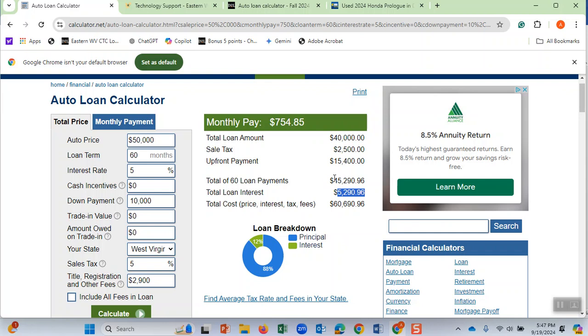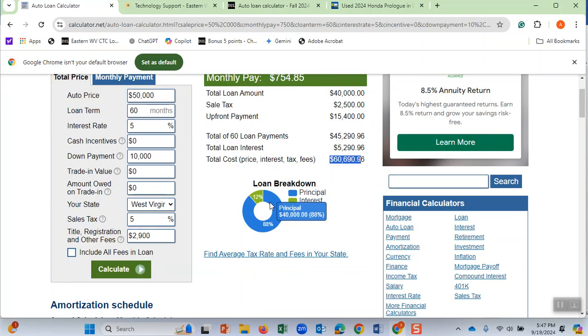Therefore, the total amount of payment for the loan is 45,290, and that is the total cost I have to pay for the price of the car and interest and taxes and fees in the 5 years, including my down payment of $10,000.